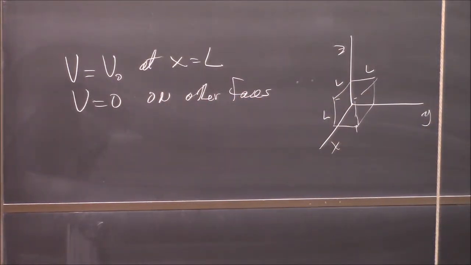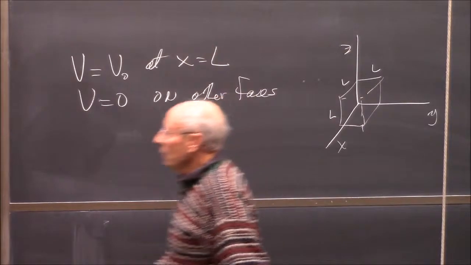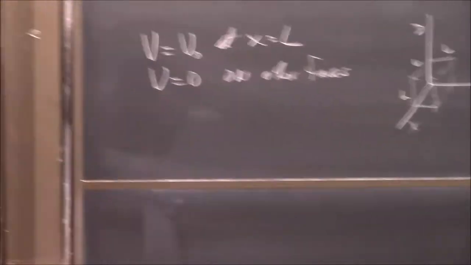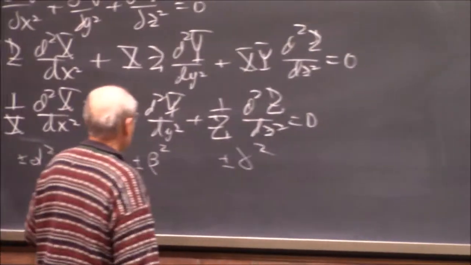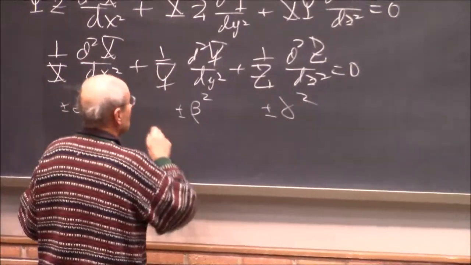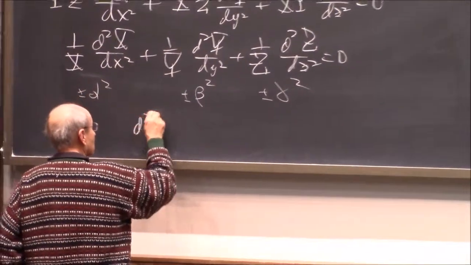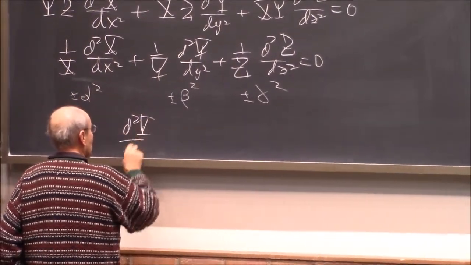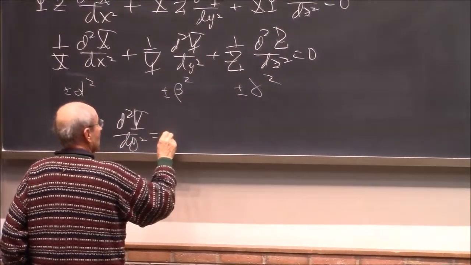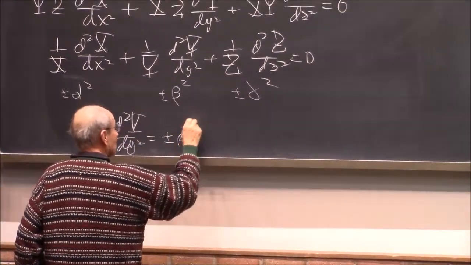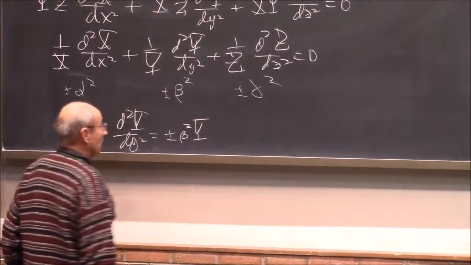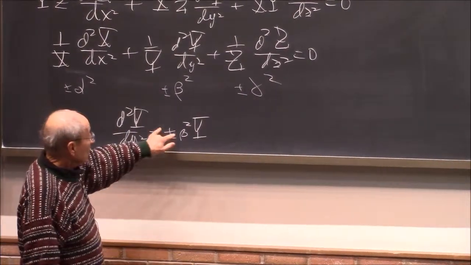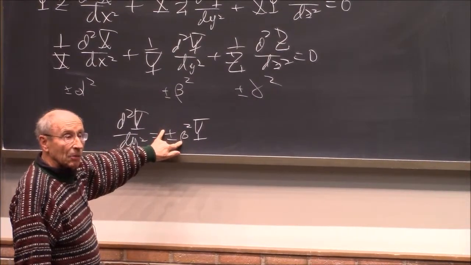All right? So then we looked at the equation for y. And we knew that the solution to this equation, which becomes d squared y dy squared, is plus or minus beta squared y. If you took a plus sign, you got exponentials.